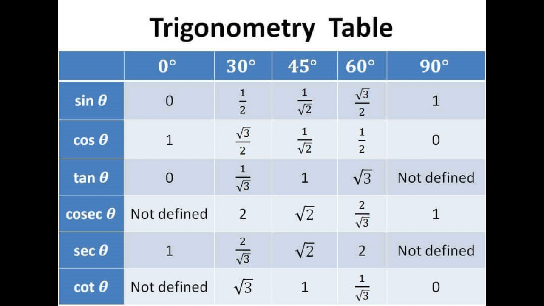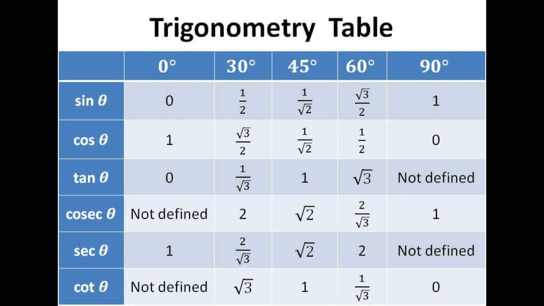So I am saying sequentially sine, cos, tan, cosec, sec, cot. Now after tan I am saying cosec. Why? Because everybody knows, I hope you also know, that the reciprocal of sine is cosec. And I said sine first, so I'll say cosec first.